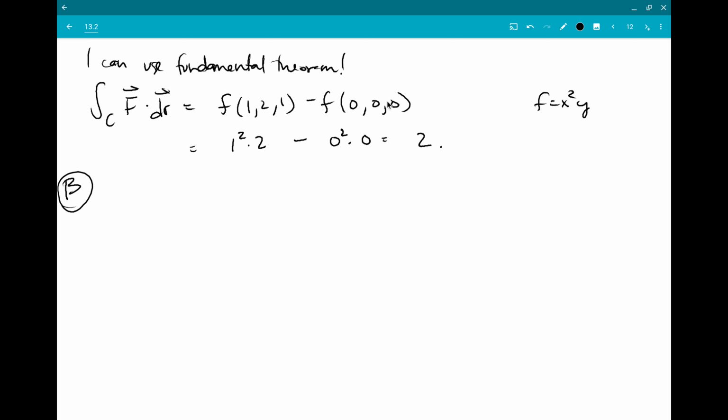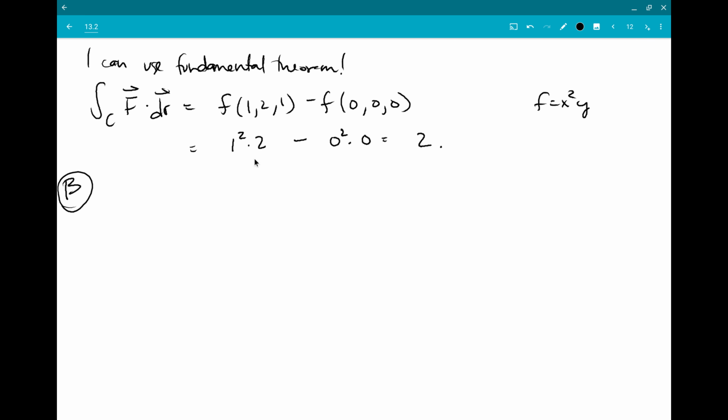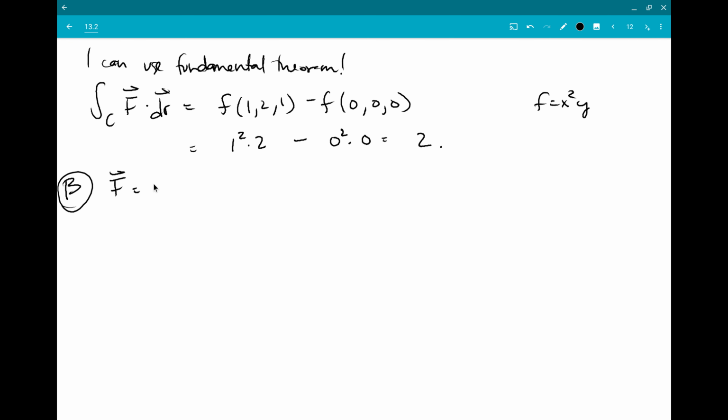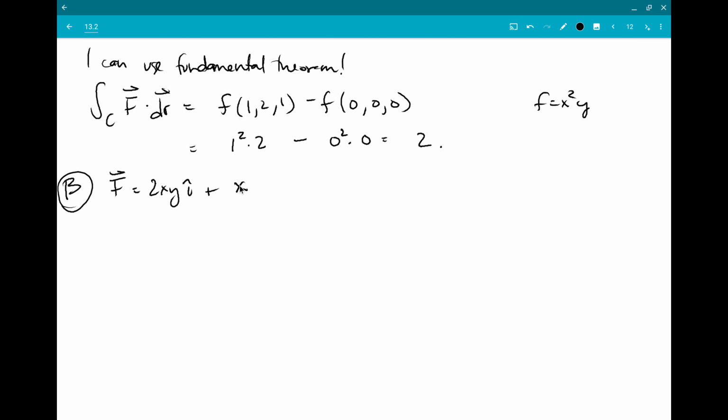But if I didn't recognize that, then I could have gone ahead and plugged through this whole thing using parameterization, and we're going to find that we get the same answer. So my f is equal to 2xy i hat plus x squared j hat. And somebody told me that x is t squared, y is 2t, z is t, I think.